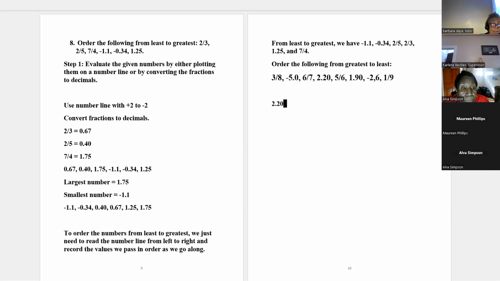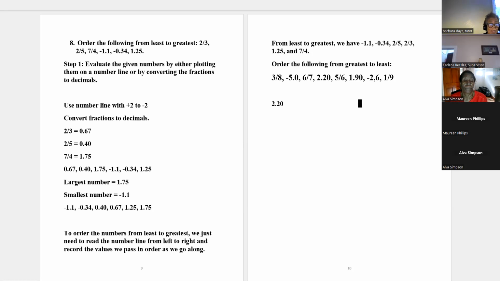2.20. Okay. And what do you have for your smallest number, Maureen? It's a negative number, right? The bigger the negative, the smaller it is. So what is your smallest number? I divide mine, so I got 0.1.